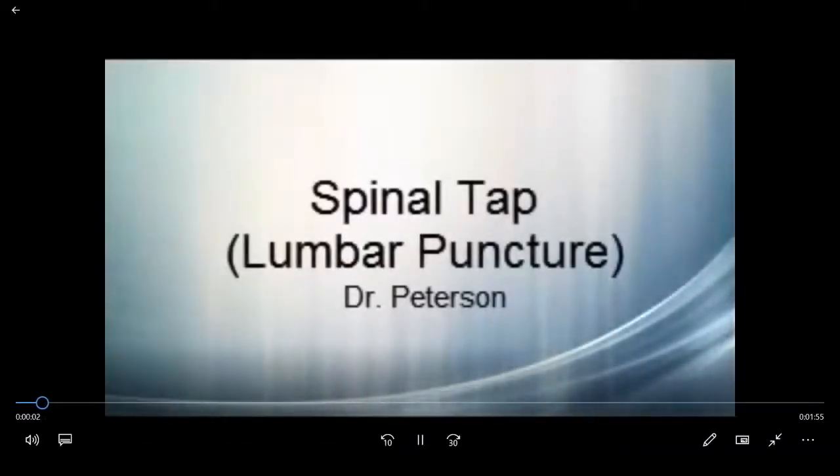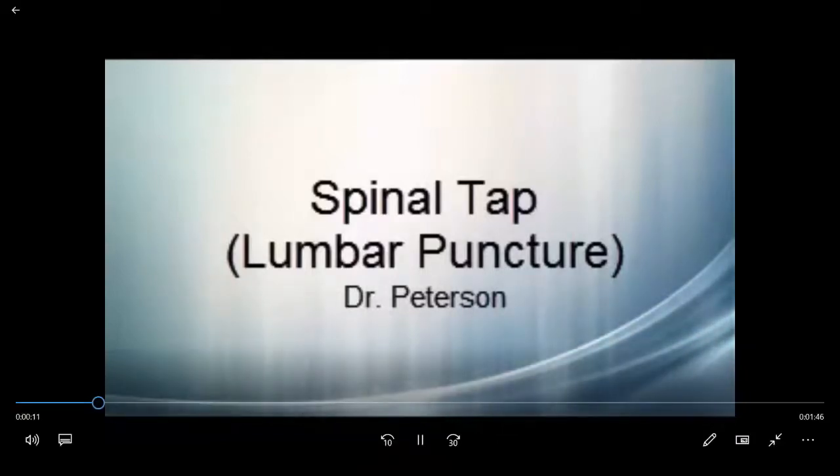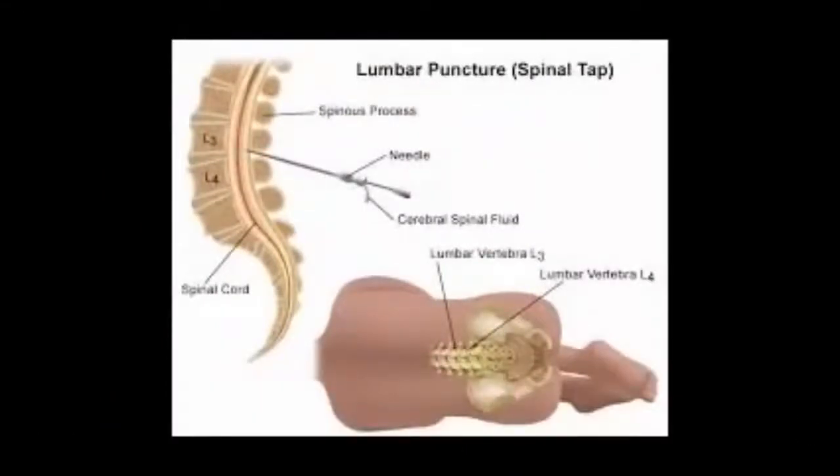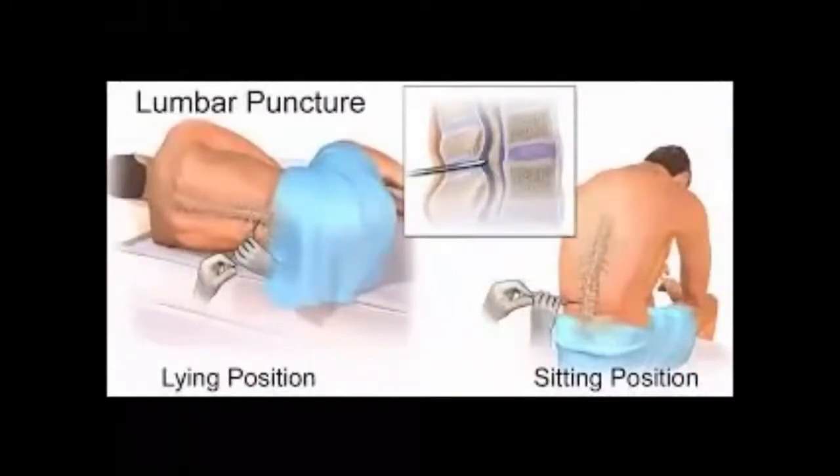In a spinal tap, which is also called a lumbar puncture, a local anesthetic is given, and a long needle is inserted into the subarachnoid space. In adults, a spinal tap is normally performed between the 3rd and 4th, or 4th and 5th lumbar vertebra. Because this region is inferior to the lowest portion of the spinal cord, it provides relatively safe access.